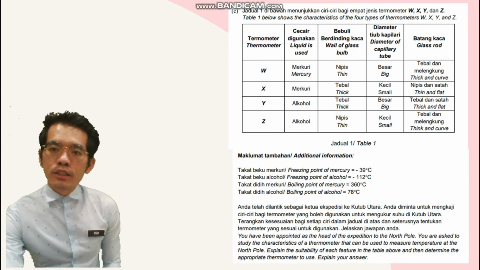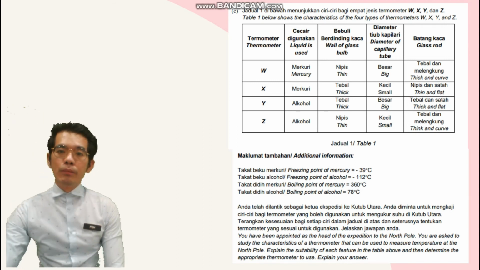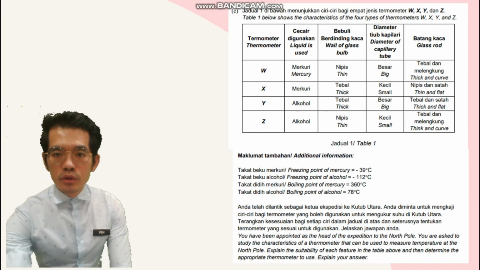So the wall of glass bar must be thin so that the sensitivity of the thermometer will be increased. So we are quite sure that the answer, the best thermometer choose will be Z.